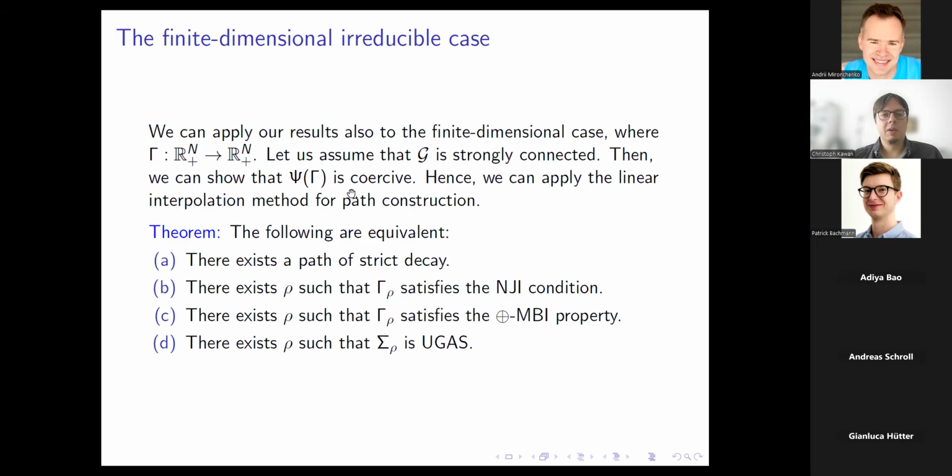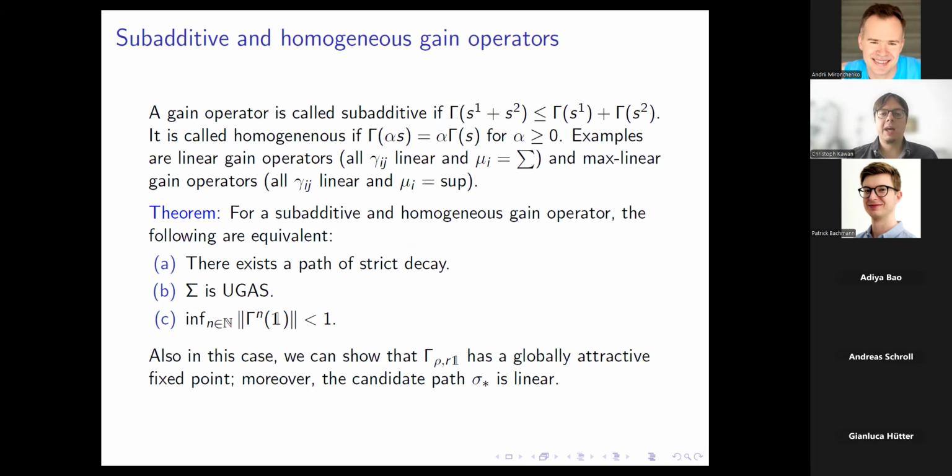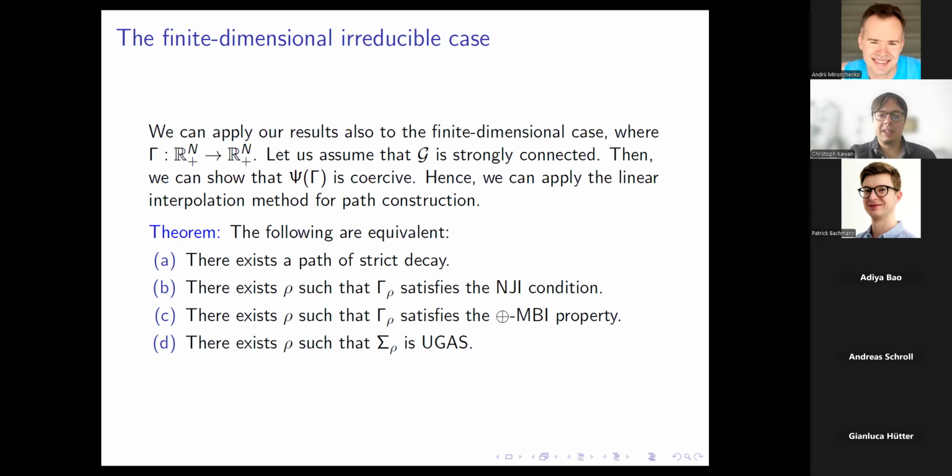And finally, we can also apply this to the finite dimensional irreducible case, at least when the underlying graph is irreducible. And the nice thing is, here we can apply the second method, this linear interpolation method, because we can show that in this case, the whole decay set psi of gamma is coercive.